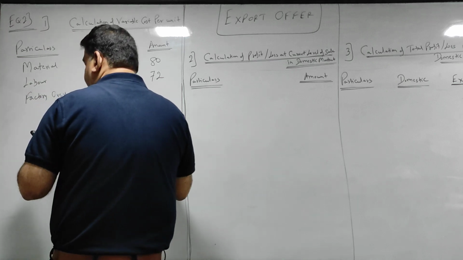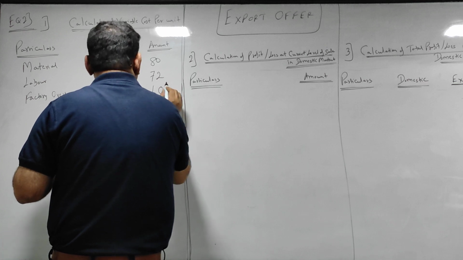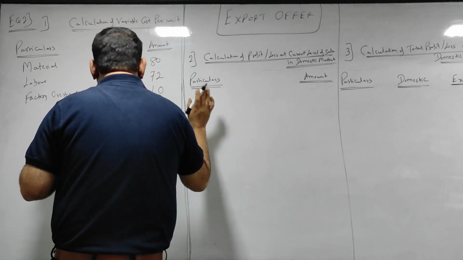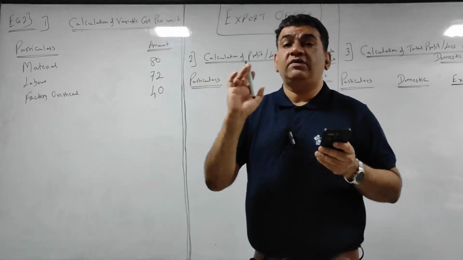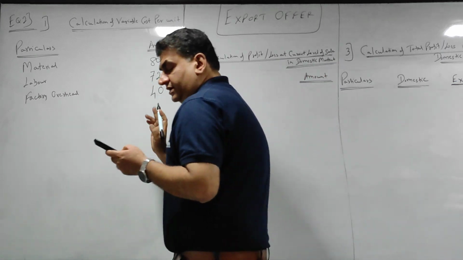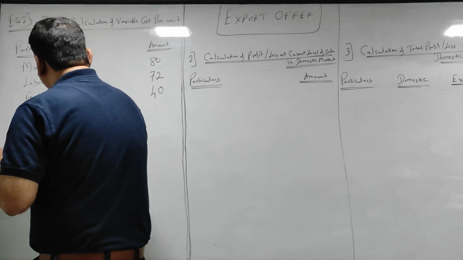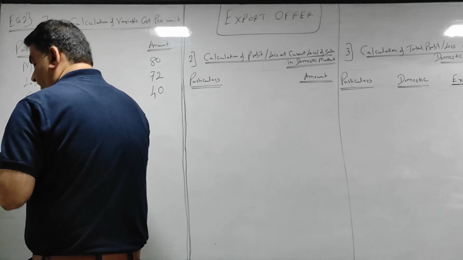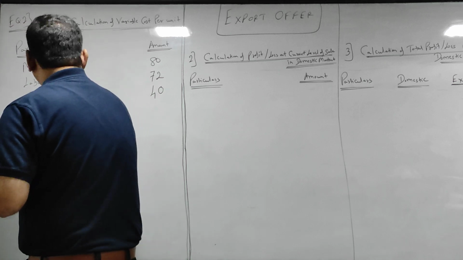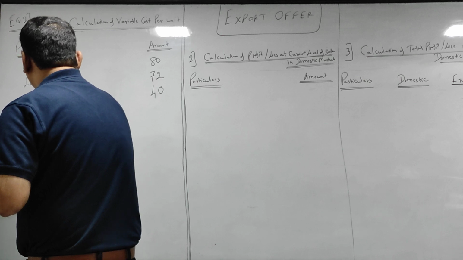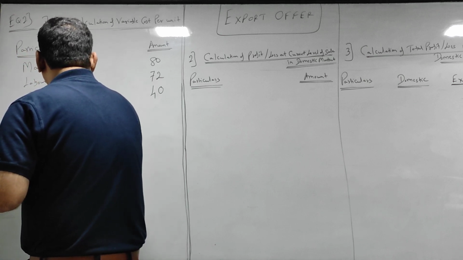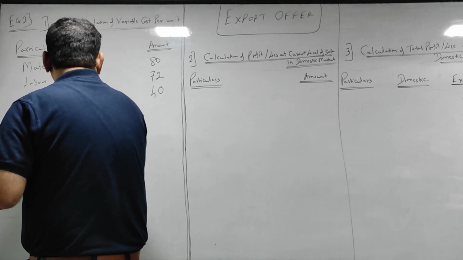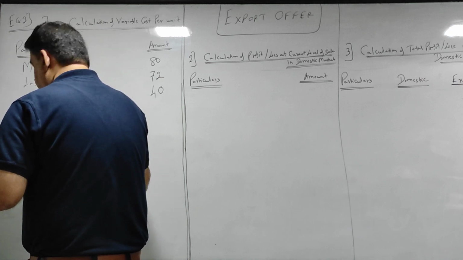So variable factory overheads 40. Admin overheads is fixed. Here I don't want fixed, I want only variable. Then selling and distribution, only variable. How much is selling and distribution? 32. So selling and distribution overhead 32.